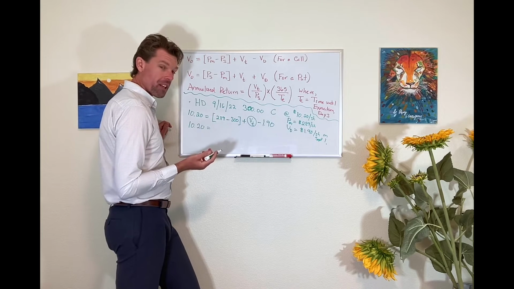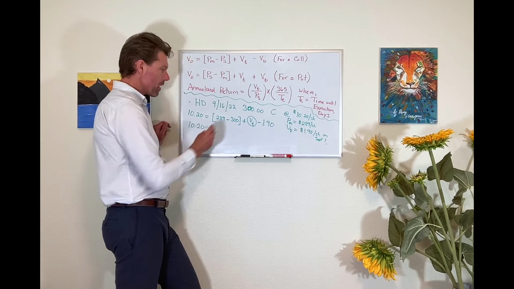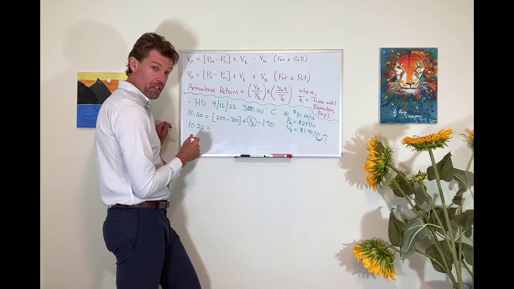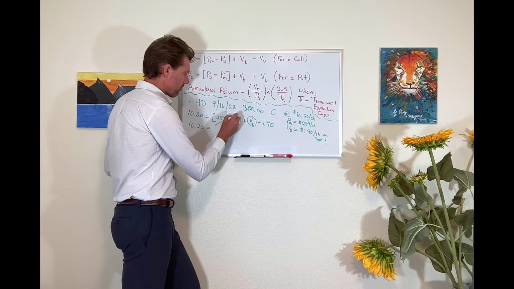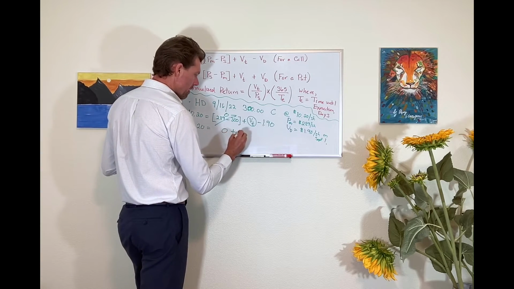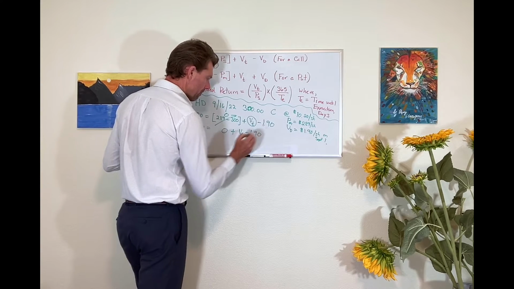But can the intrinsic value be less than 0? No, it cannot. So this whole component here will actually go to 0. So we have 0 plus VT minus 1.9.